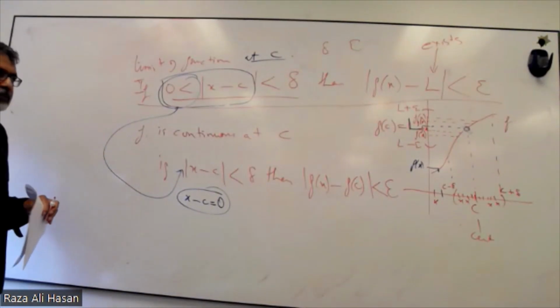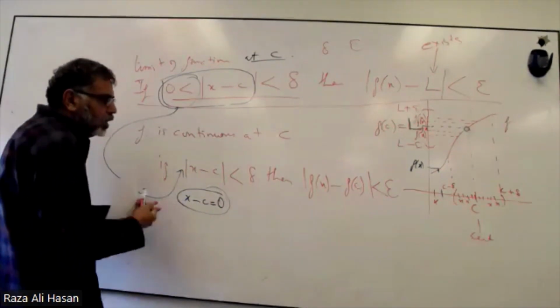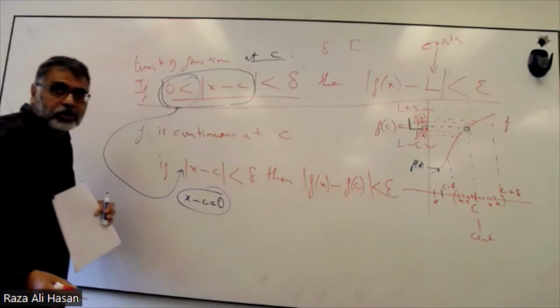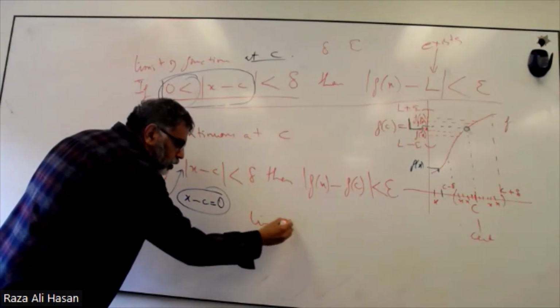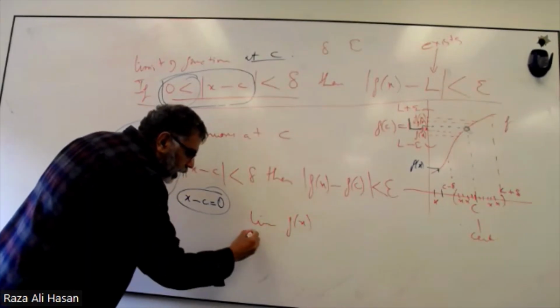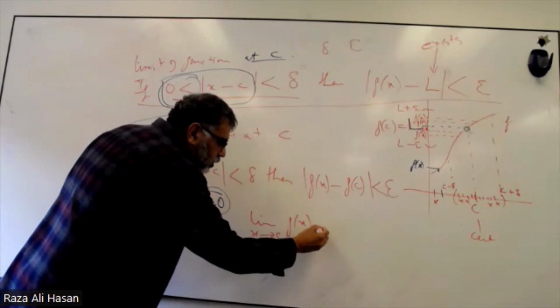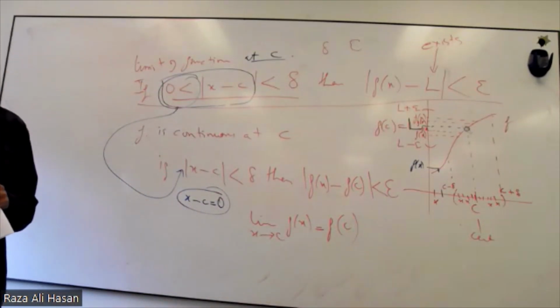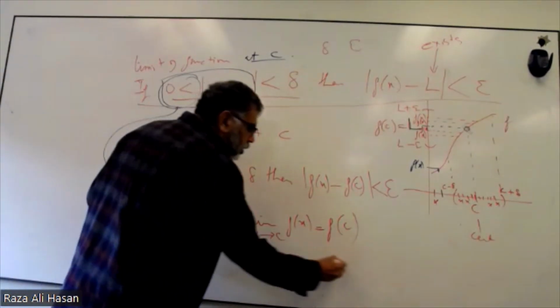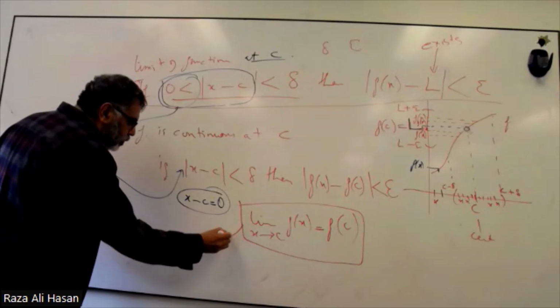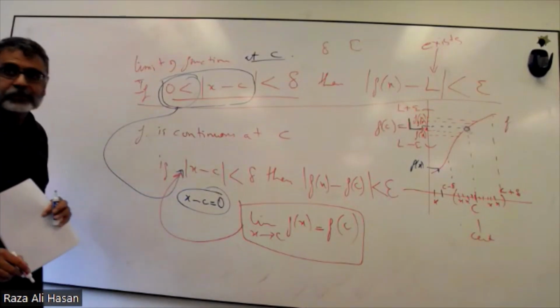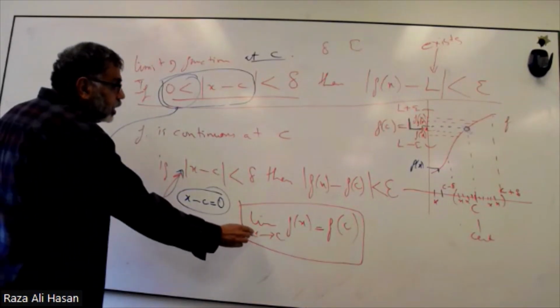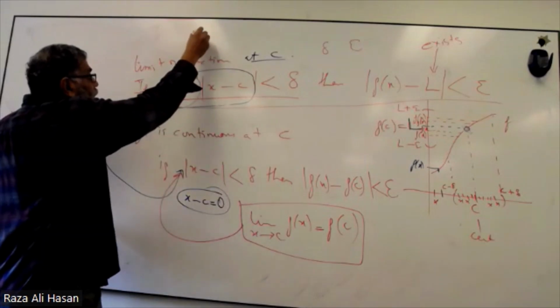You guys remember that? You can either write it like that, or you write the limit of the function as x goes to c equals the value of the function at c, or a, as we were doing last time. This thing can be expanded to look like this.